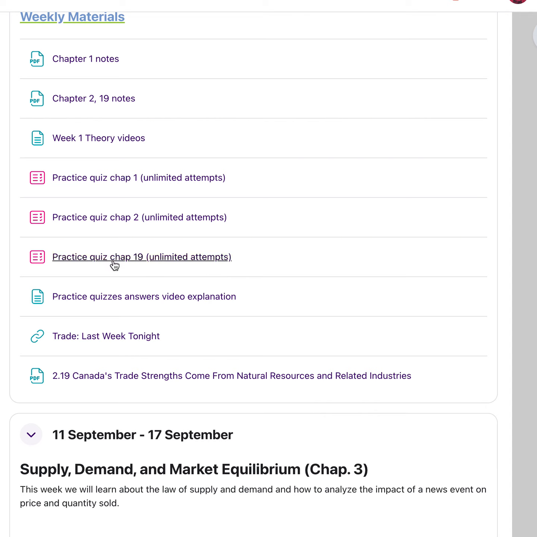These have no value in terms of your grade, but they have a lot of value in terms of preparing for the quizzes, because sometimes they are questions that resemble really well the questions that you'll have in the actual evaluated quizzes. So make sure you do these. These are very important for you to do. It's information I expect you to have done to be ready for the quizzes and exams.